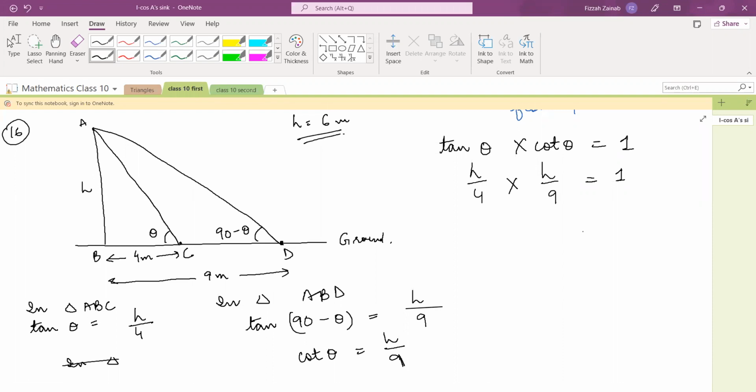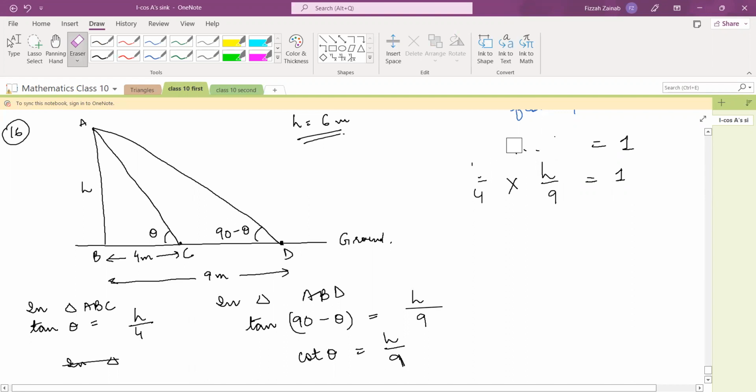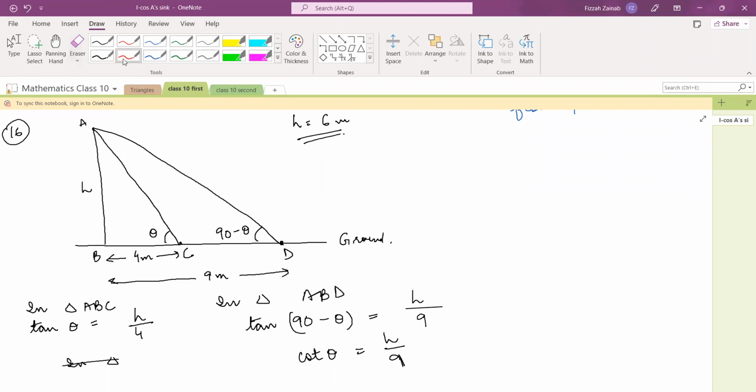4 tan theta. Okay, from here my h is this. Ma'am, h into h is equal to 4 cot theta and 9 tan theta. Why are you doing h into h?